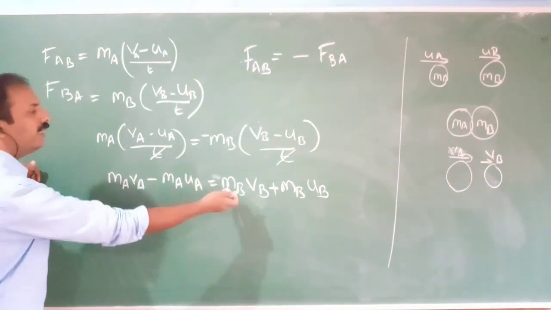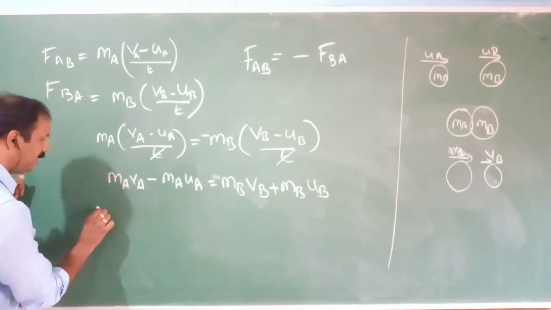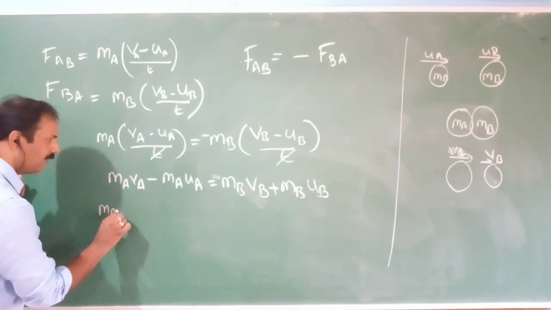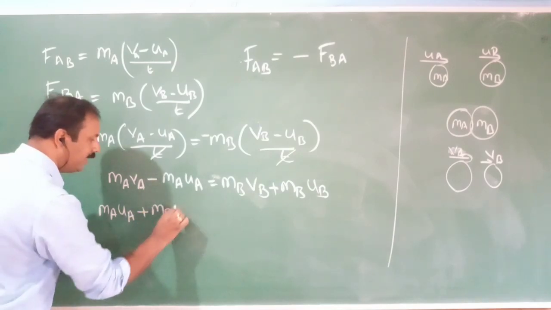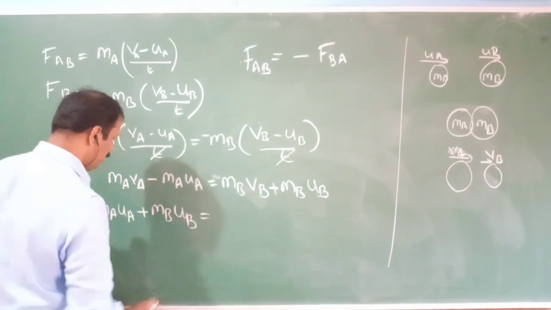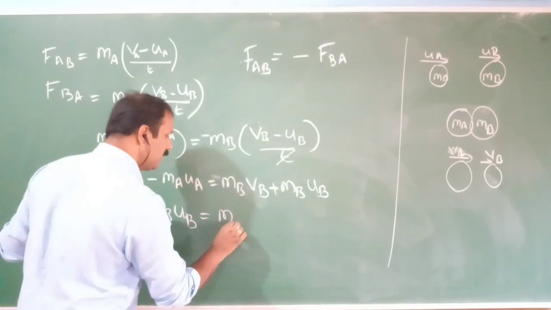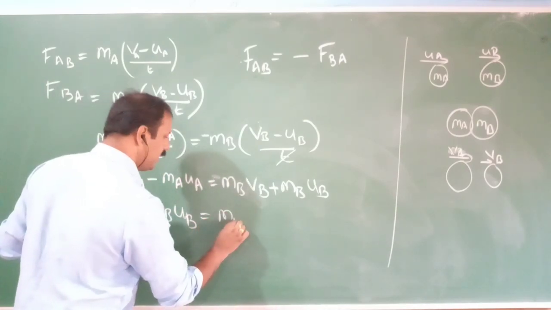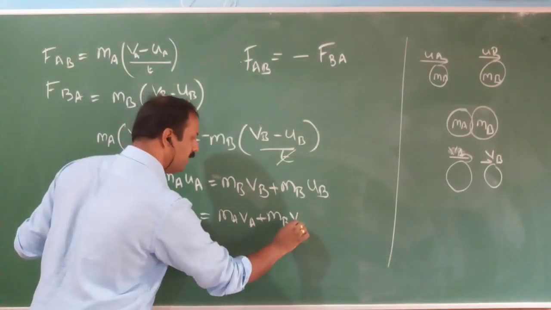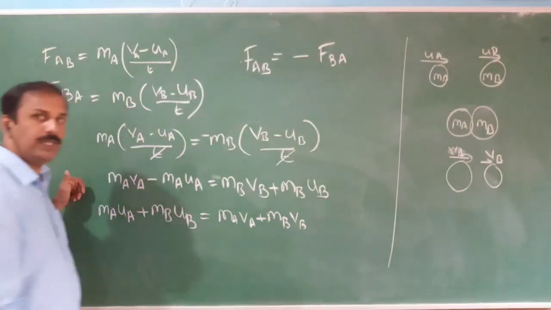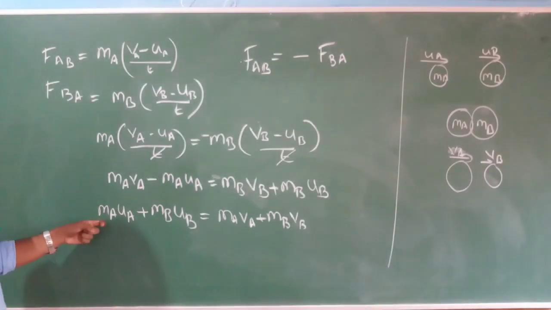Now, if you take all the initial values on one side, we can write MA UA plus MB UB is equal to MA VA plus MB VB. Now once more you see this equation. What is MA UA?